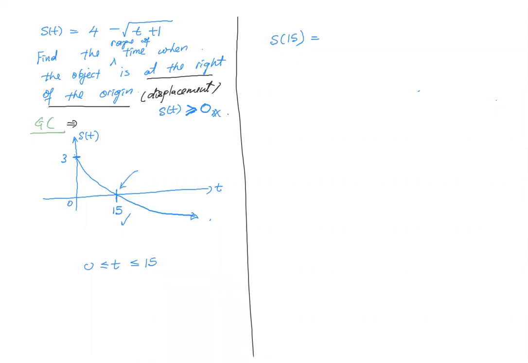How do you read the coordinate of this point? Coordinate. So you see, do you have the right to tell me you don't know? This is T. This is ST. So what is S15? Oh, 0.